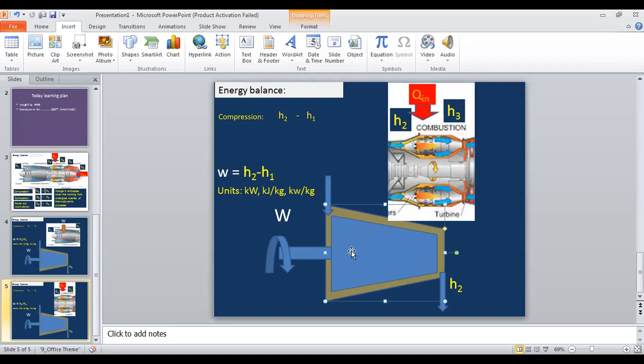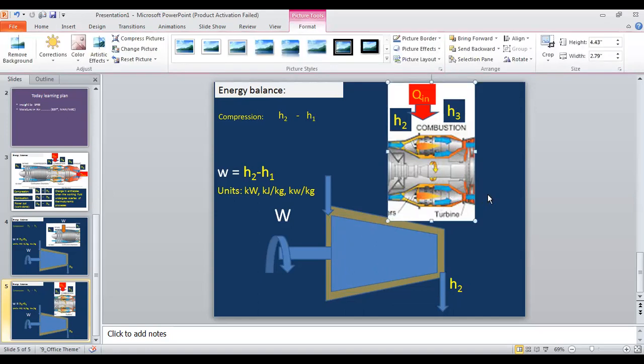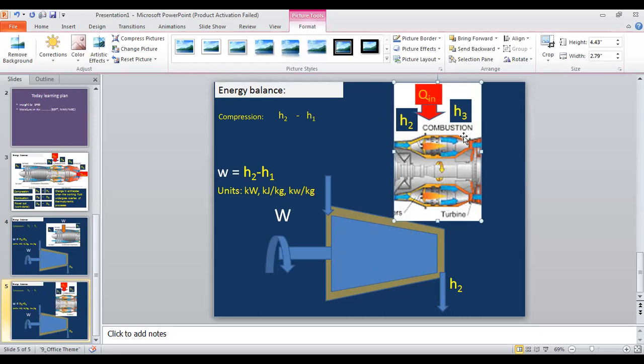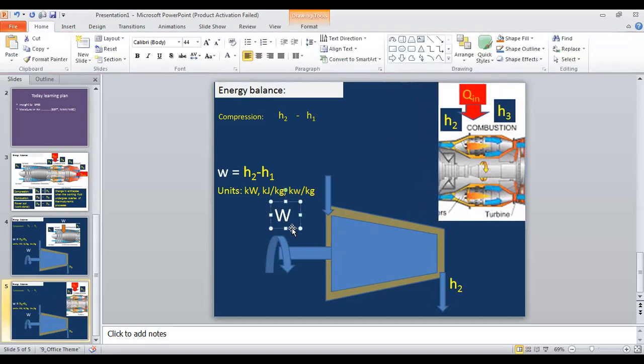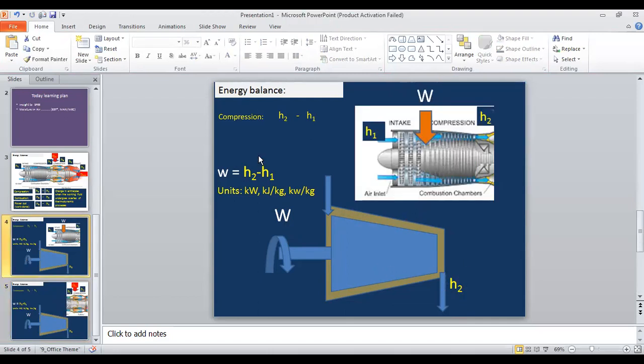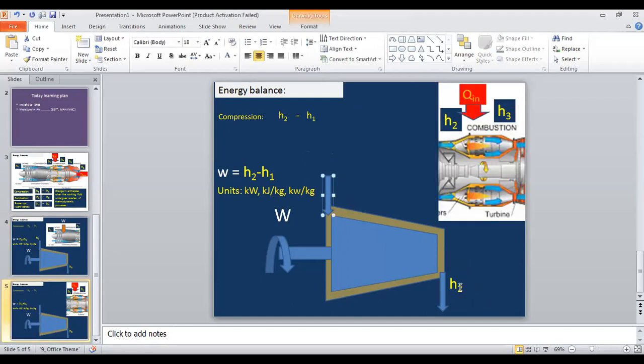So what we will do is, no W. Okay, there is no W. Combustion chamber in is H2, the previous one. Here it is H1, right? So combustion chamber inlet is H2, leaving is H3.